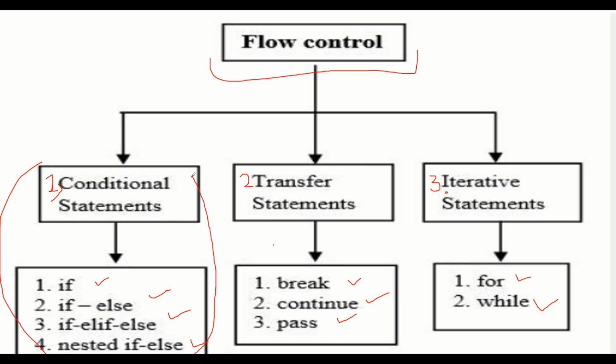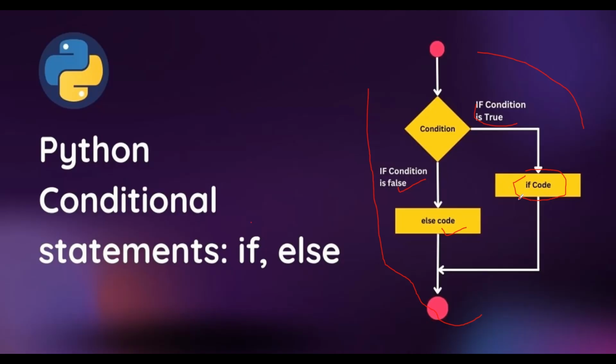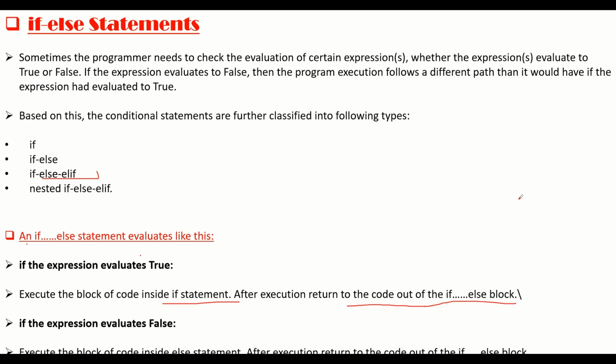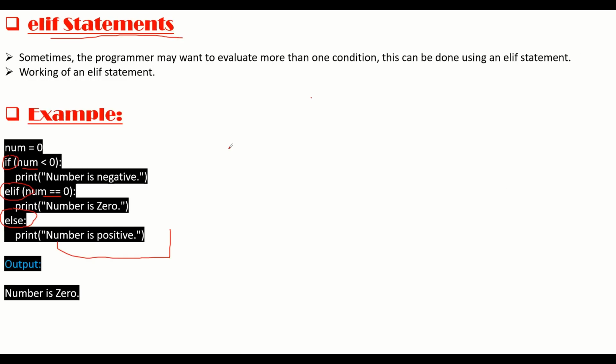So this first one is complete. Okay guys, now move to the next topic, which is transfer statements: break, continue, and then iterative. So what are if statements? Now we got it.